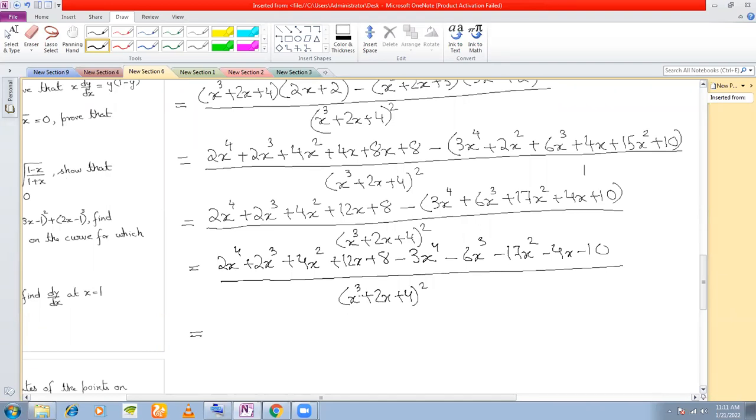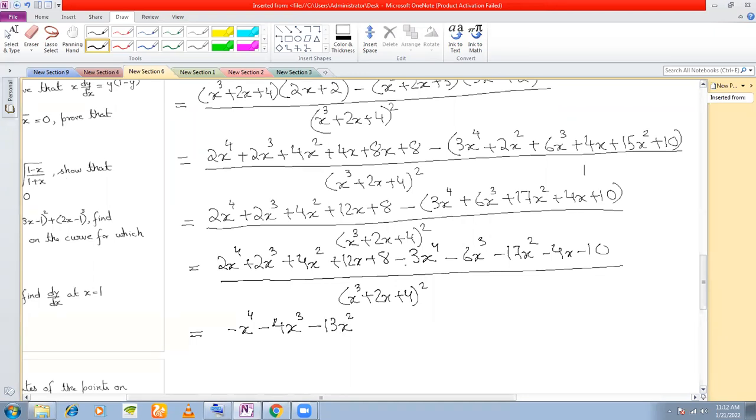Now you have 2x to the power of 4 minus 3x to the power of 4, which will give you minus x to the power of 4. In terms of x cube, you have 2x cube minus 6x cube, which will give you minus 4x cube. You have 4x square minus 17x square, so 4 minus 17 is minus 13, so minus 13x square.